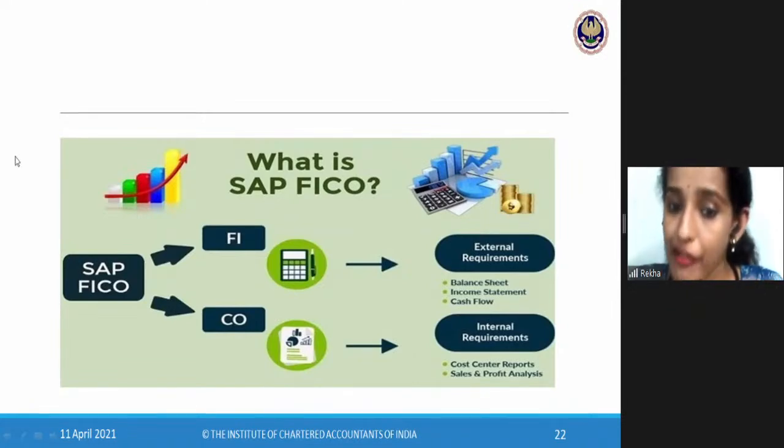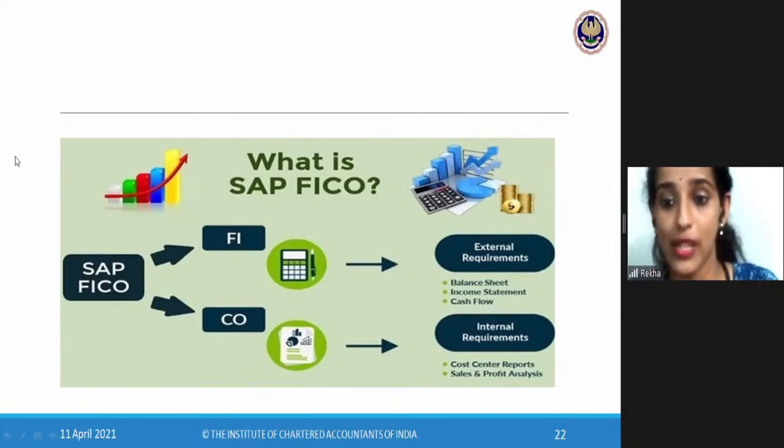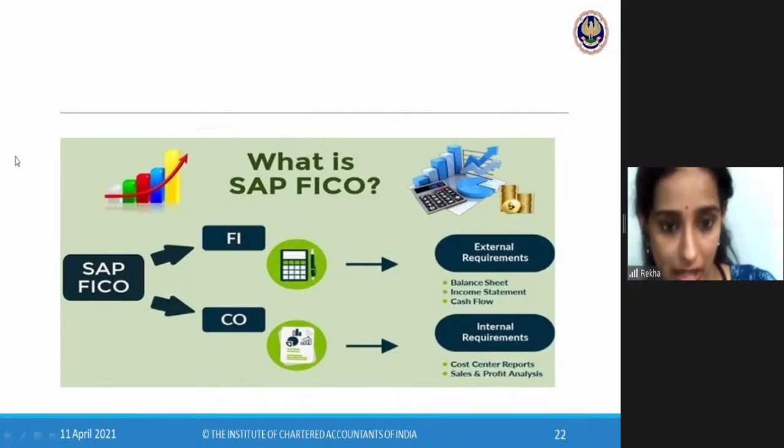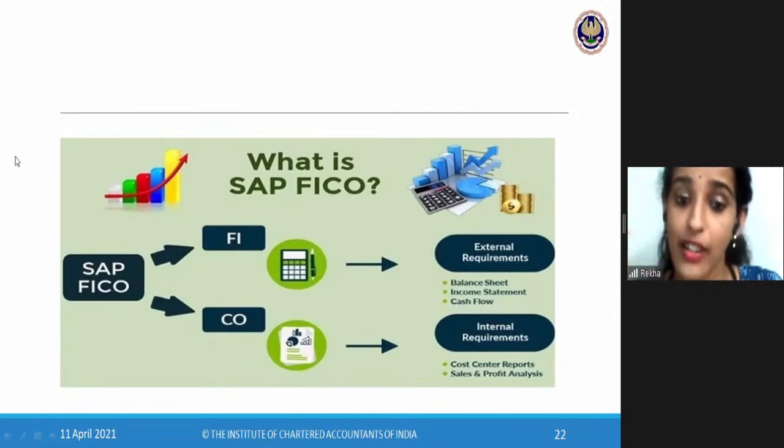Say, the financial accounting module caters to the external requirements, that is your financial statements preparation, raising your invoices, collecting the information from different departments. Your controlling module is basically for monitoring and control purposes, that is for the internal requirements.